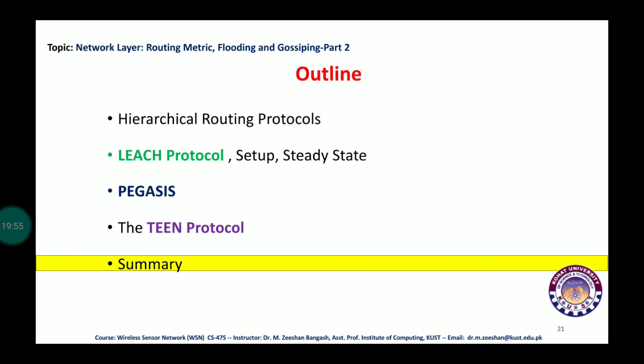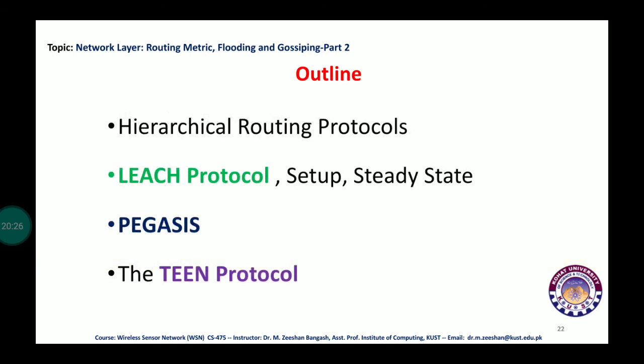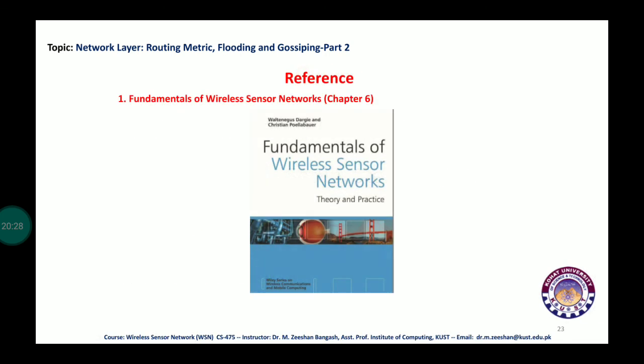Particularly we discussed the steady state and how the sensor nodes are in sleep mode, and then we discussed the reactive PEGASIS protocol, and then the very intelligent TEEN protocol, in which, based on the SV value and the threshold value, whether hard or soft, the transmitter is opened accordingly for transmission of data. So this is the reference from which the content has been taken.